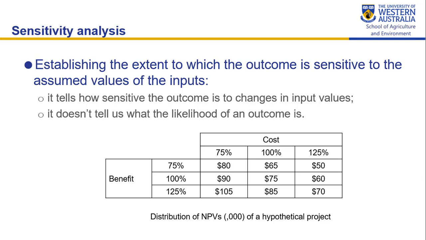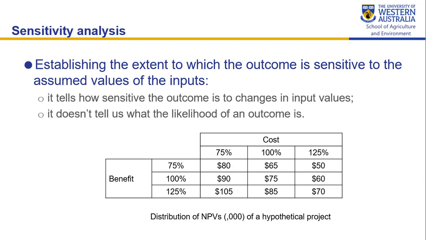Let's take a look at the middle cell, which is for 100% cost and 100% benefit, the NPV is $75. Now, if we assume a 75% cost and 125% benefit, the net present value goes up to $105.